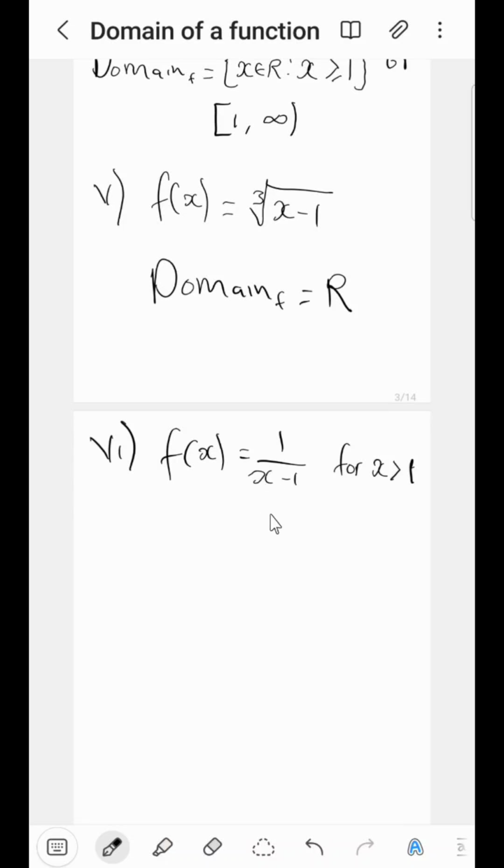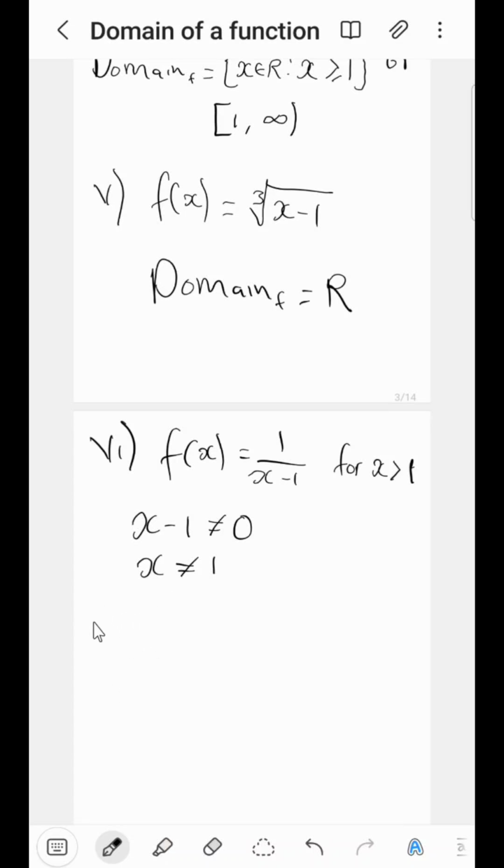If 0 is on the denominator, the function is undefined. So we say x minus 1 should not be equal to 0. Then solving for x, x should not be equal to 1. What do I mean by x should not be equal to 1? x can be equal to any real number, but not 1.